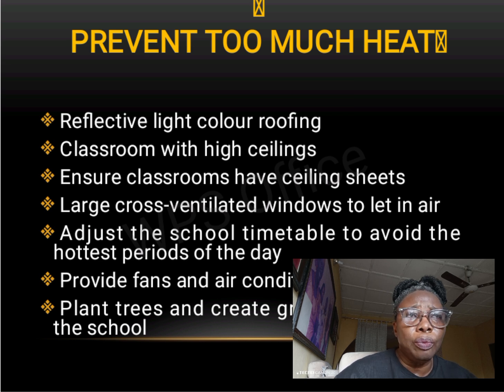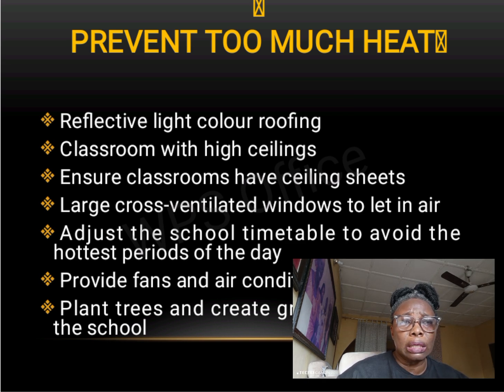Then we come to the roof. We should not be using roofs that have dark color. If you travel abroad outside Nigeria to temperate regions, they wear a lot of dark colors. What that does is help keep in the heat, because it is cold. But if you go to hot regions, they wear a lot of bright colors because it reflects the light off them, so they don't get as hot.